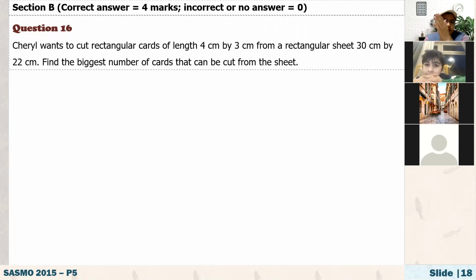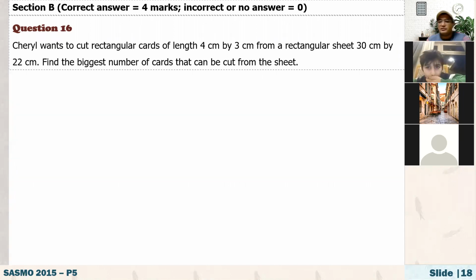Fikriya, can you read the question? Yes. Cheryl wants to cut rectangular cards of length 4 centimeters by 3 centimeters from a rectangular sheet 30 centimeters by 22 centimeters. Find the biggest number of cards that can be cut from the sheet. Okay.